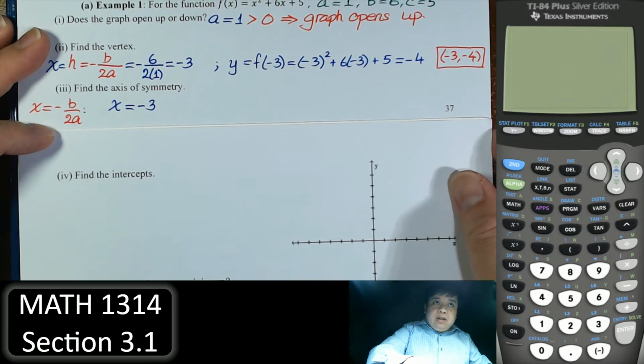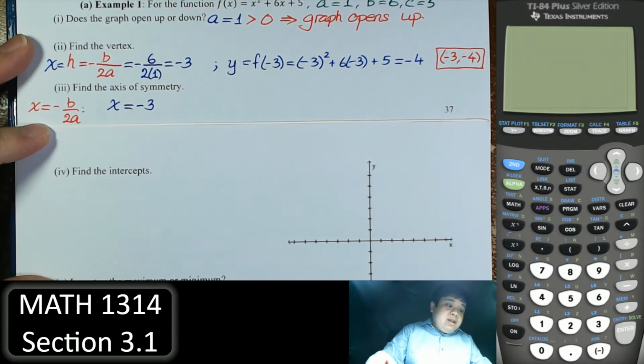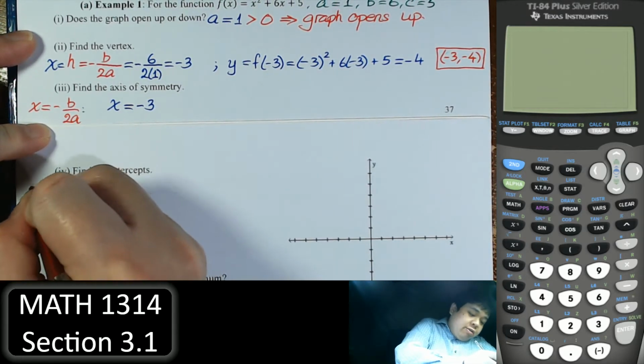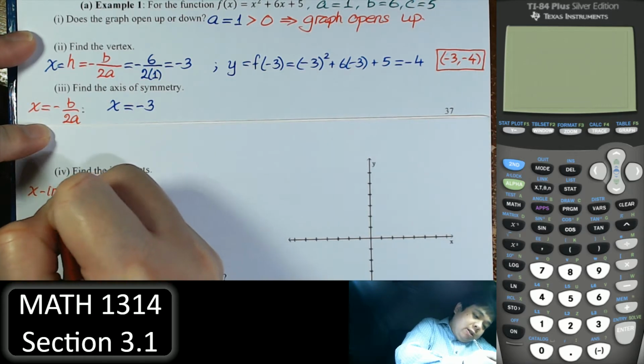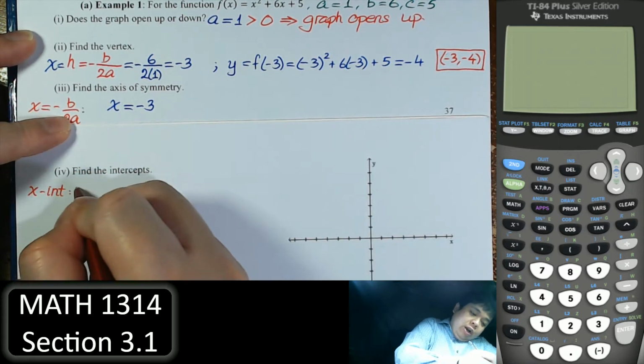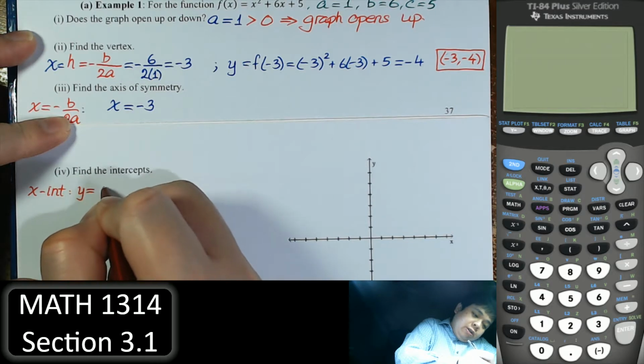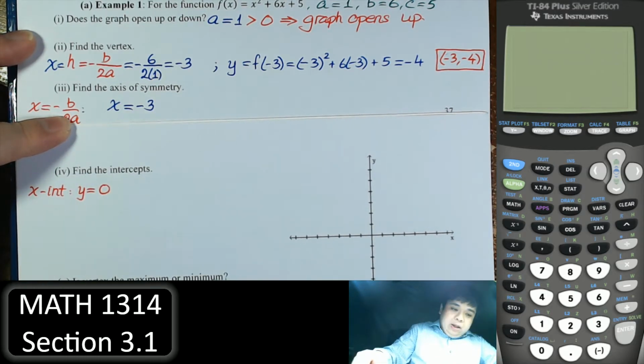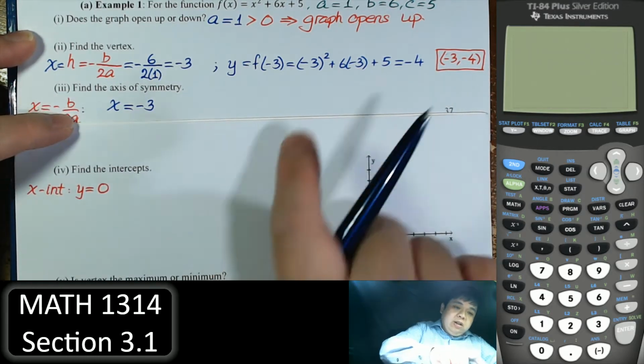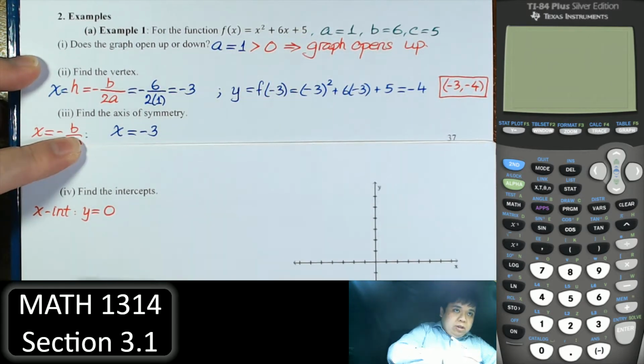Find the intercepts. There is an x-intercept and there is a y-intercept. For the x-intercept, we let y go to 0, and we have the equation equal to 0.